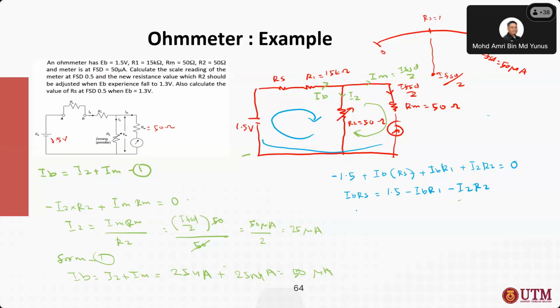So if you calculate, RS will be 1.5 minus IB. IB is 50 micro. R1 is 15 kilo minus I2. I2 is 25.